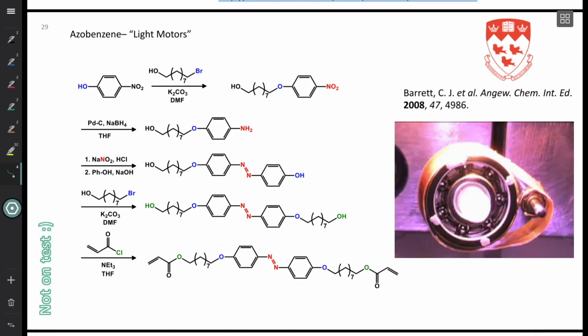And they switch back and forth without degrading really that much. And so this is work that was done by a professor at McGill. Actually, a good friend of mine worked on this. So they're making a fairly large azobenzene compound with some alkyl groups on the ends. So these are kind of long chains.